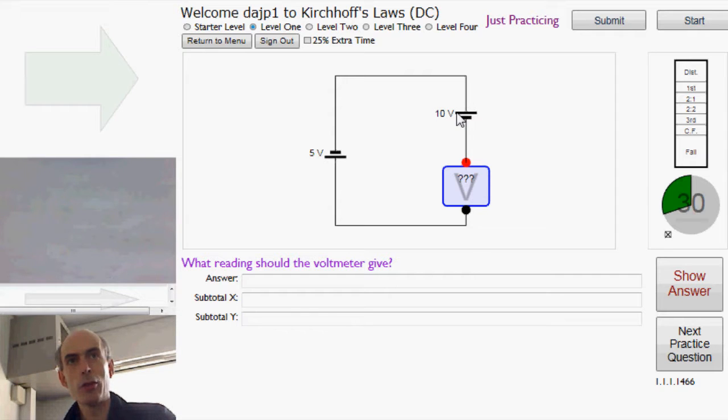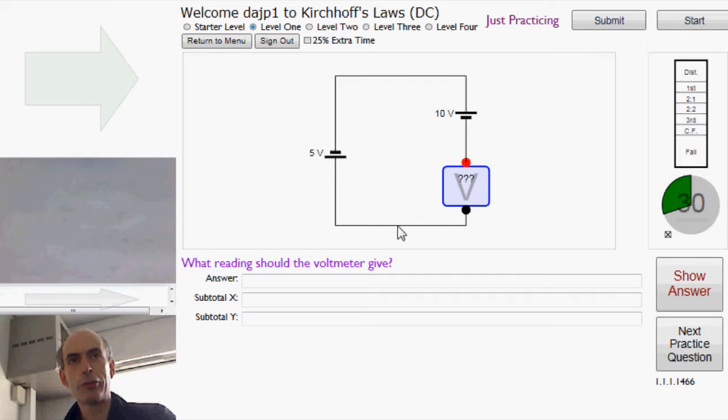But again, we hit the positive side of it, and the negative side of it is where we're going, so we're going to go down by 10 volts. This point here is 10 volts above this point here, so we're going down by another 10 volts. We've gone in total down by 15 volts to get from here to here.